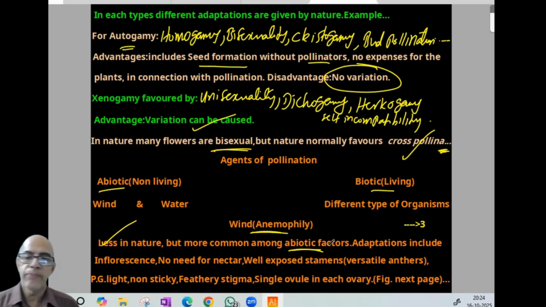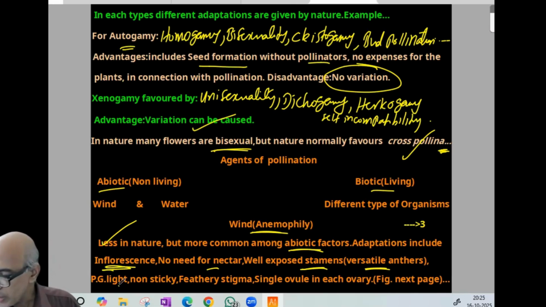A theory entrance question: adaptations include inflorescence formation. No need of nectar because no need to attract insects. Well-exposed stamens for easy liberation of pollen grains. Versatile anthers, which I will show on the next page. Pollen grains will be light, non-sticky, and stigma feathery to catch the pollen grains.